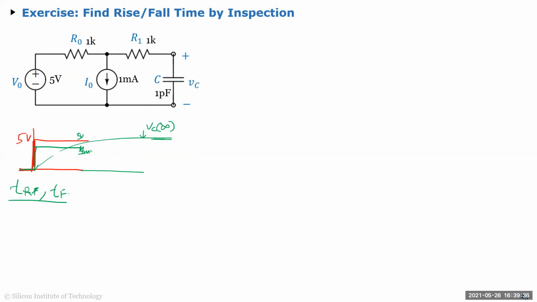To calculate the time constant, I multiply R into C. First, I deactivate all the sources, meaning short circuit the voltage source and open circuit the current source. Then I place an open circuit where C is placed, then find the R equivalent. Then it is 2 kilo ohm. Then I do RC. Okay, good.